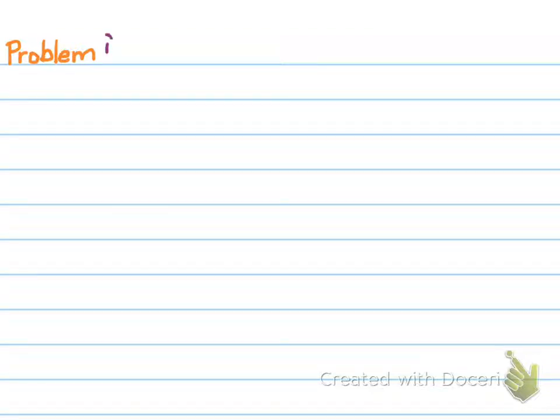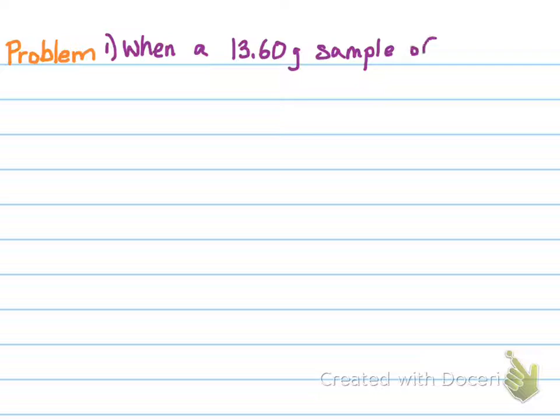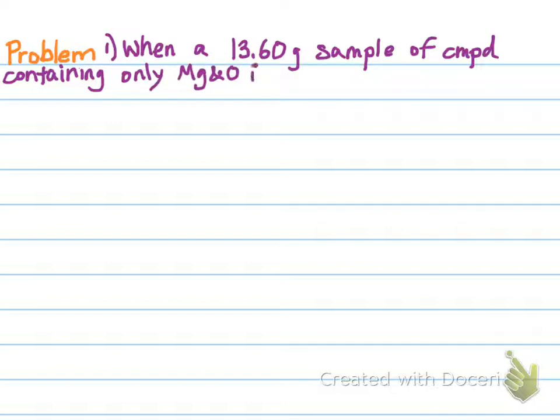Okay, so problem number 1. When a 13.60 gram sample of compound containing only magnesium and oxygen is decomposed or broken down, 5.40 grams of oxygen is obtained.